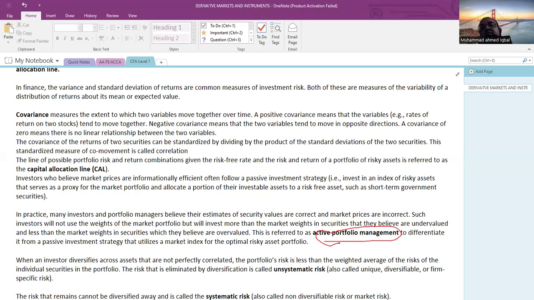As you guys are familiar from your prior education or prior concepts in equity investments, there are two categories of risk in investment: systematic risk and unsystematic risk. Unsystematic risk can be reduced by diversification, and systematic risk stays there.